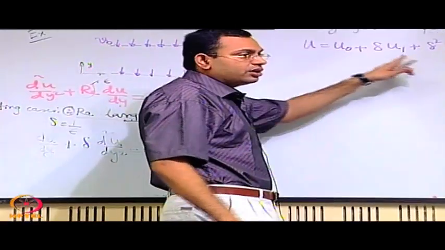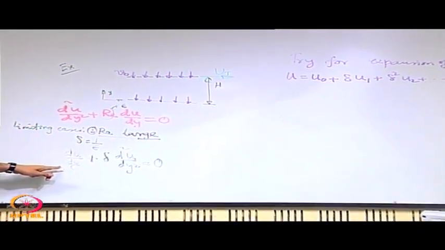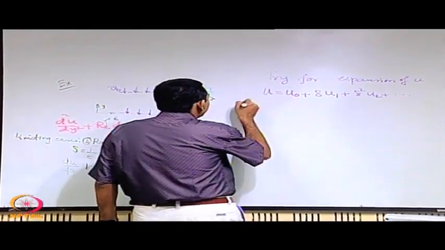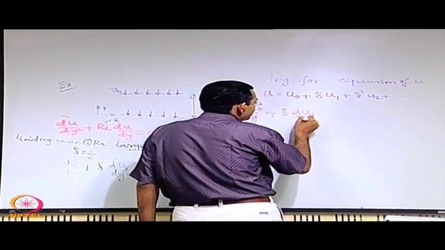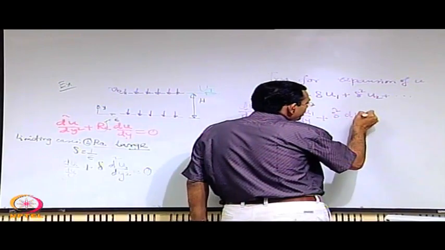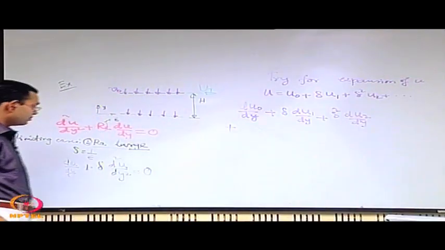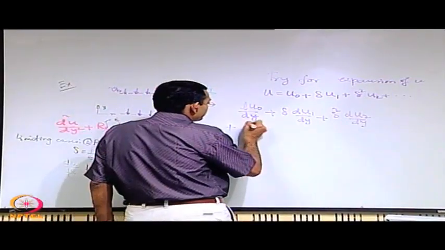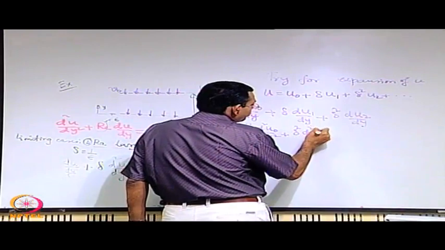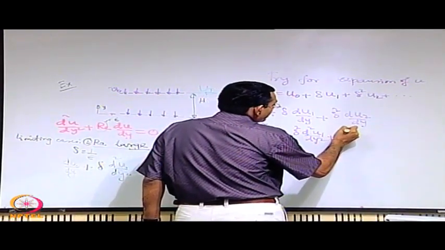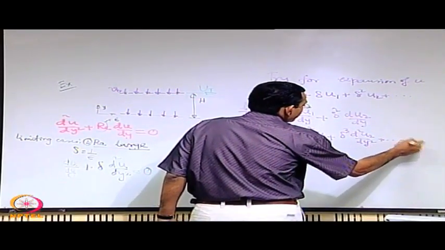So you substitute u as a function of y: du0/dy plus delta du1/dy plus delta square du2/dy plus delta d2u0/dy2 plus delta square d2u1/dy2 plus delta cube d2u2/dy2, then that is equal to 0.